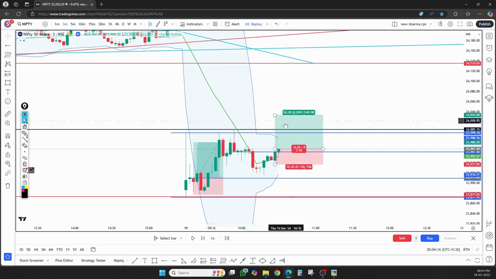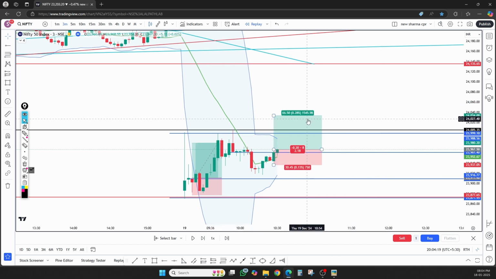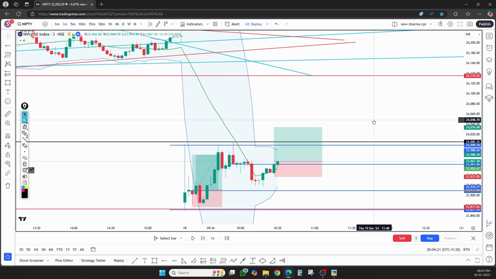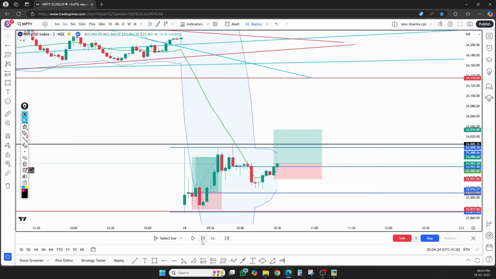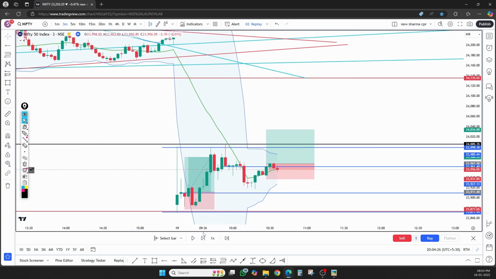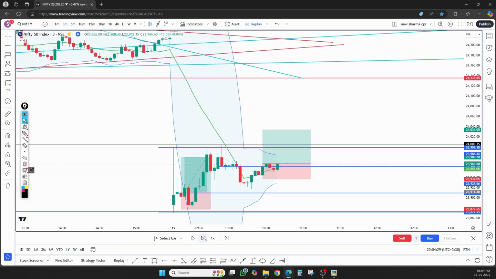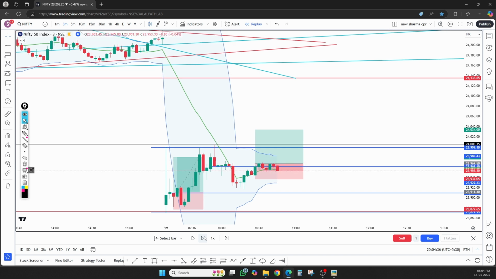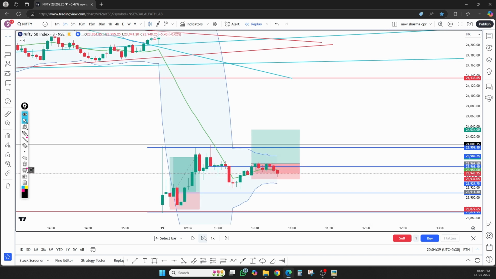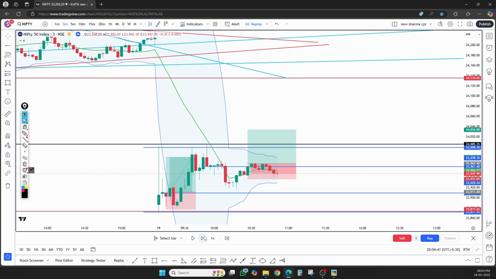So if this breaks, then we expect one good spike, and in this spike we should book our profit. Okay, so let's see what happened. Two candles are going against us. Now it is a small candle, but a full-body green candle. Anything can happen. Again, see, it is going down, and we are almost about to hit stop loss.